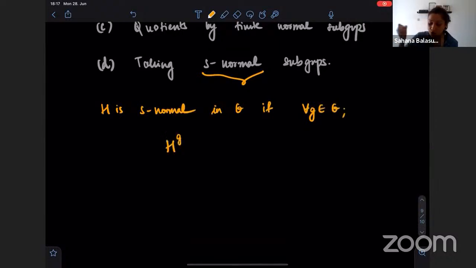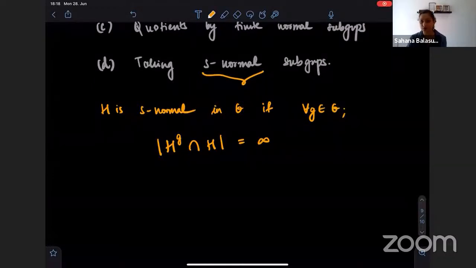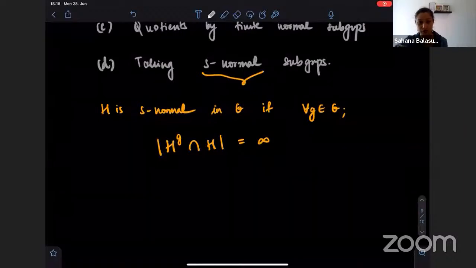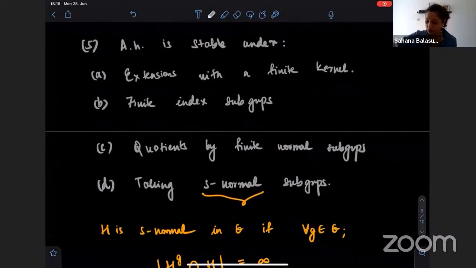You consider the conjugate of H by g, and intersect it with my original group H. And normality would have meant that this is exactly equal to H, right? That every conjugate is still the same group. But S-normality is weaker and requests that this just be infinite for every g in G. And acylindrical hyperbolicity is stable under this phenomenon, and therefore in particular under taking normal subgroups as well. And who proved these results? This is also a result of Osin's.